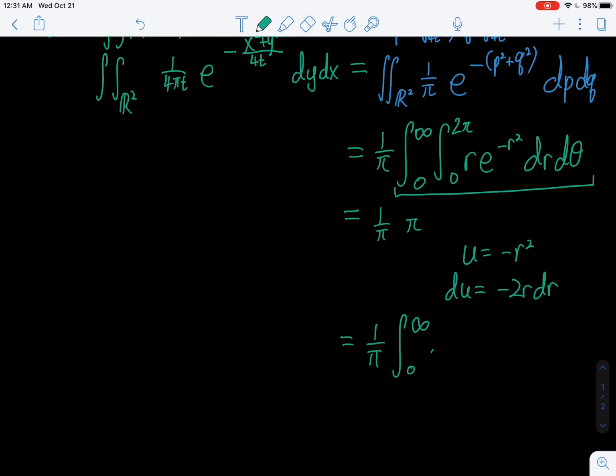But now we have e to the u du d theta, and our u goes from, see, when r is 0, we're still at 0, and when r is at infinity, we're at negative infinity. Sorry, theta doesn't go from 0 to infinity, it goes from 0 to 2 pi.